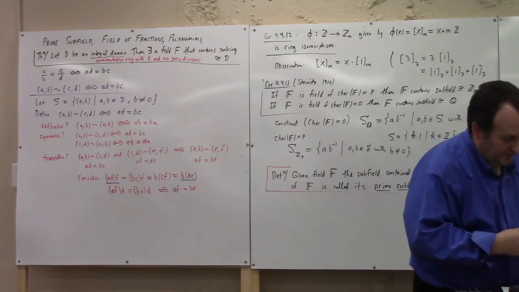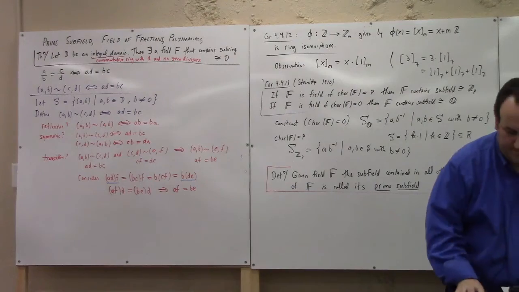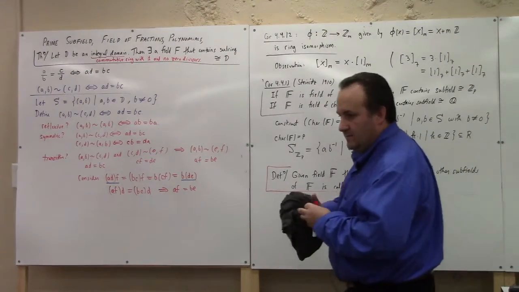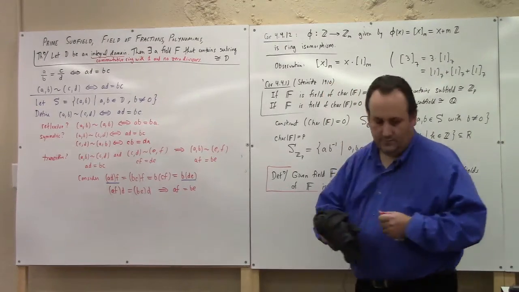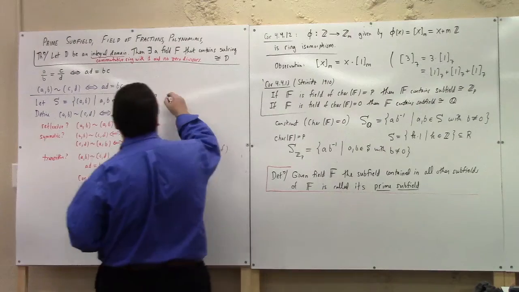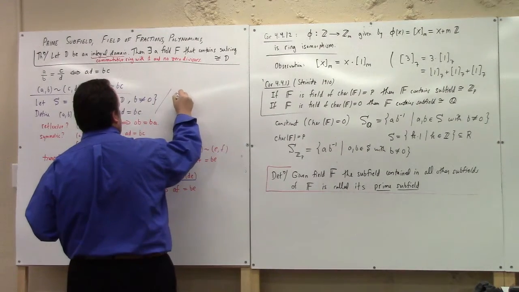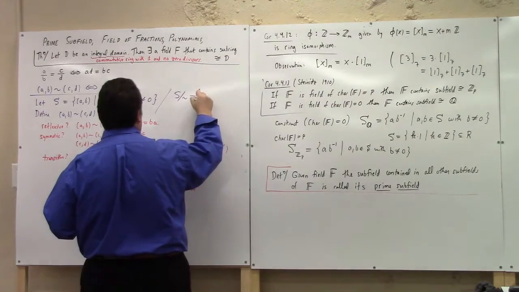So continuing here, I'll just write it up here. So our claim is that S mod tilde, which is what? This is the set of equivalence classes, right?